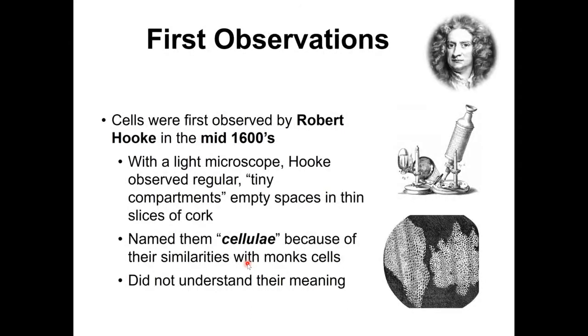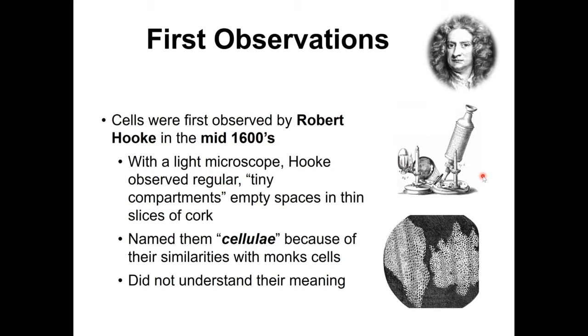So historically speaking, cells were first described in the mid-1600s, so a long time ago, by this scientist named Robert Hooke, who was actually playing around with the very first types of microscopes, light microscopes, similar in some way to the microscopes that we normally have in our labs, obviously much more rudimentary ones.